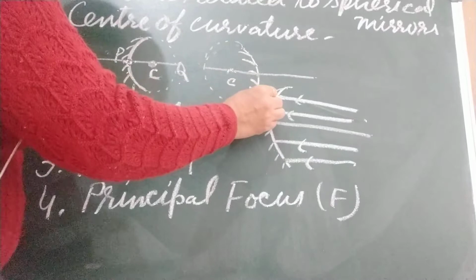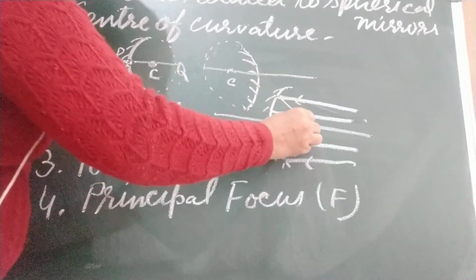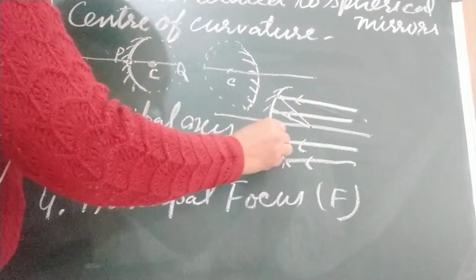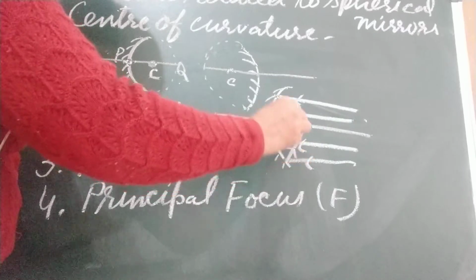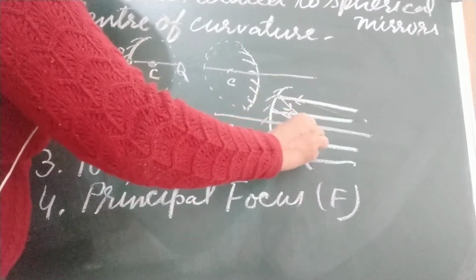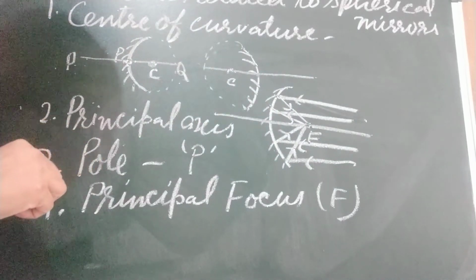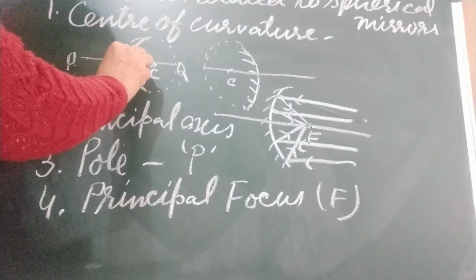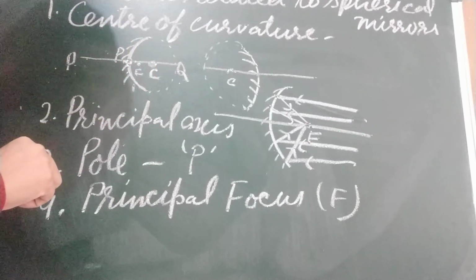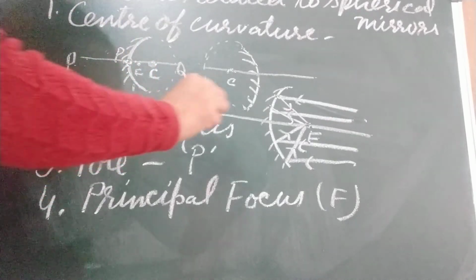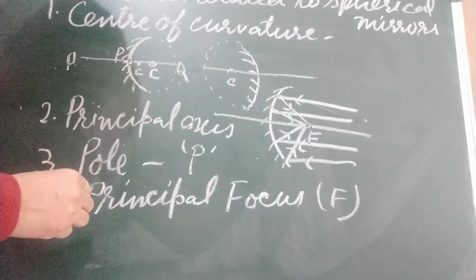After striking, what will happen? After reflection, they will meet at a certain point. This point is called principal focus, and it is here somewhere. Is this clear?